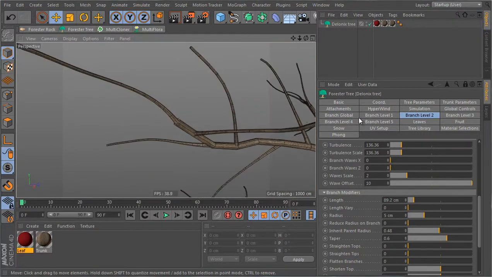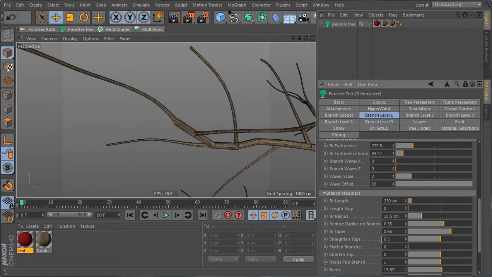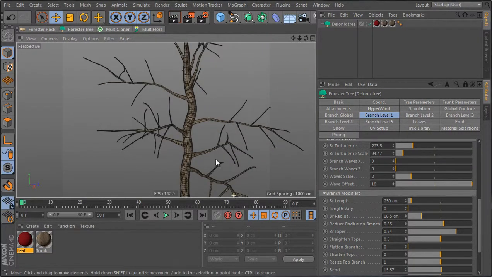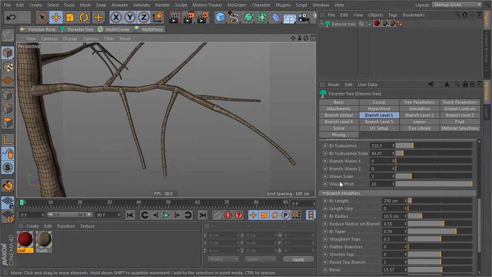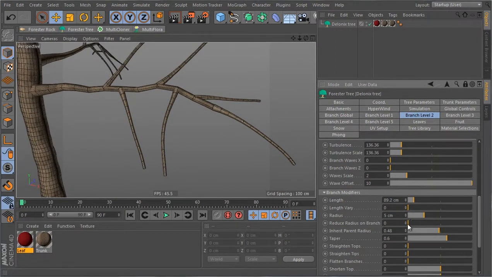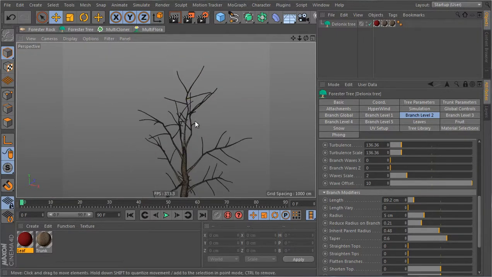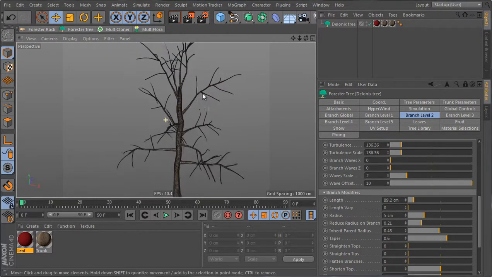Another thing you can do is go to branch level 1 and increase the tapering over here. This is only necessary in case you are shooting from a close range. Alright, so now it seems that all the branches are fixed properly.